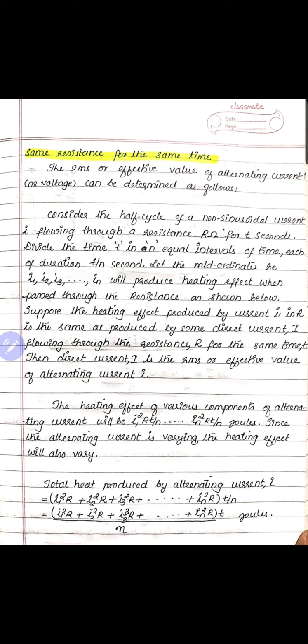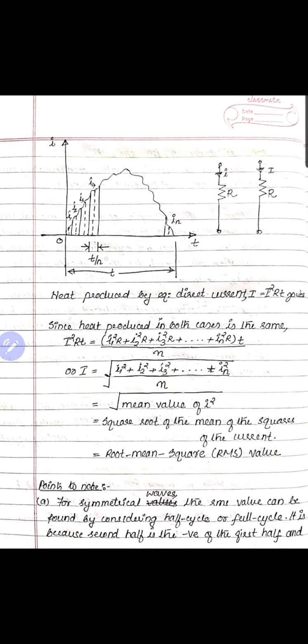The heating effect of various components of alternating current will be I square RT, as I said. Here t is divided into n parts, so for each strip the thickness will be T by n.